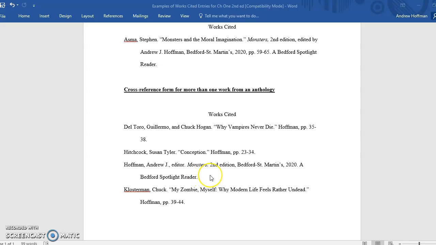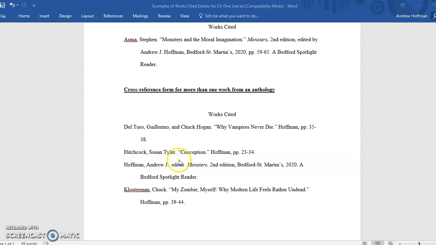So in other words, I got all the book information in one place, one time. I get to that just simply by citing the editor's last name. Then there's a comma, and then the page numbers on which Why Vampires Never Die appears, pages 35 to 38.